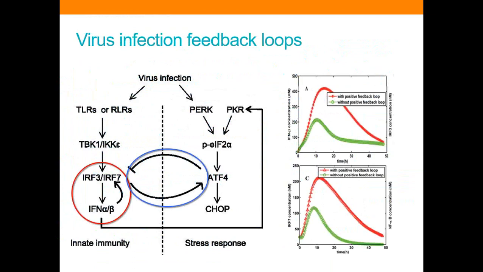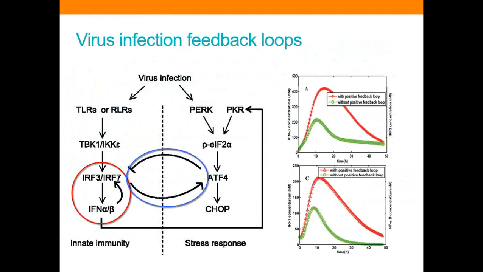In this case, when you have an increase in IRF3 and 7, it does increase ATF. But as ATF4 increases, unlike the effect we get with interferon alpha and beta, it inhibits the expression of the interferon response factors 3 and 7.